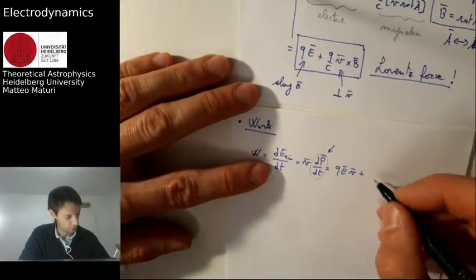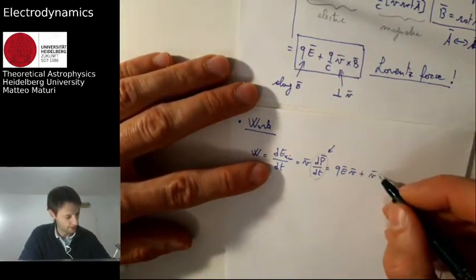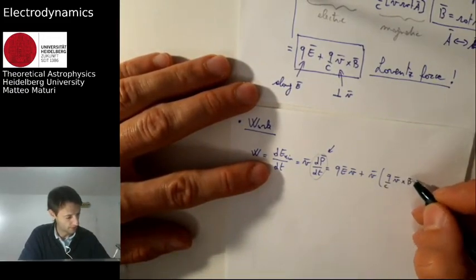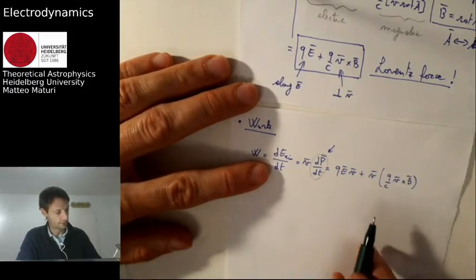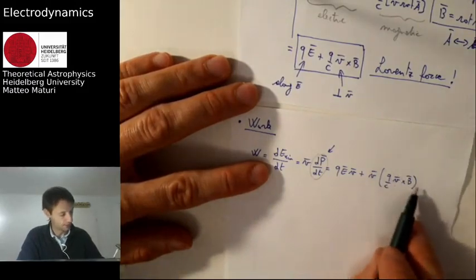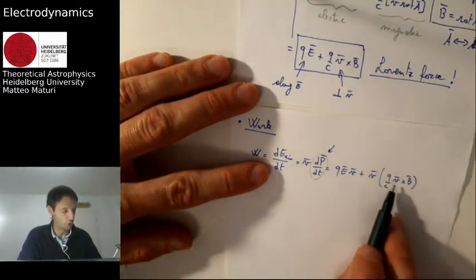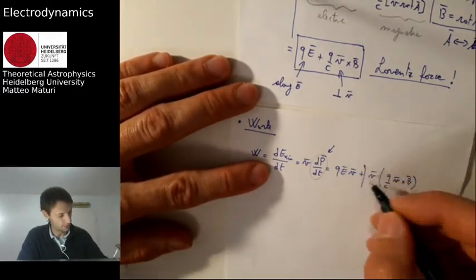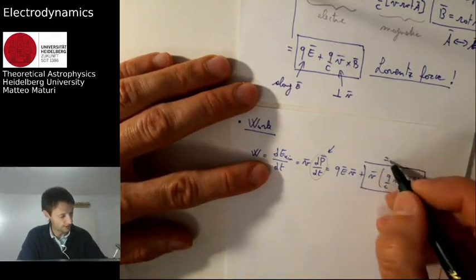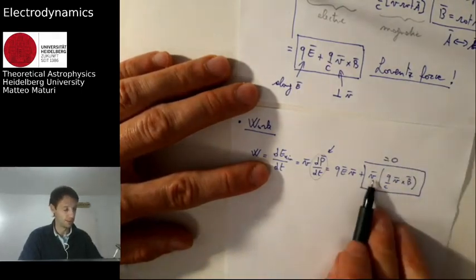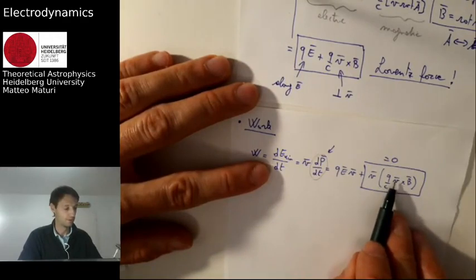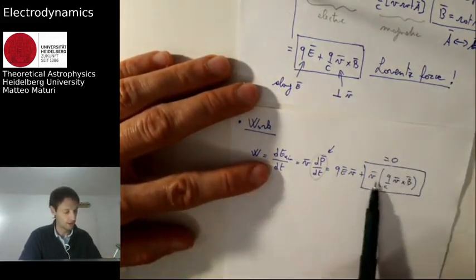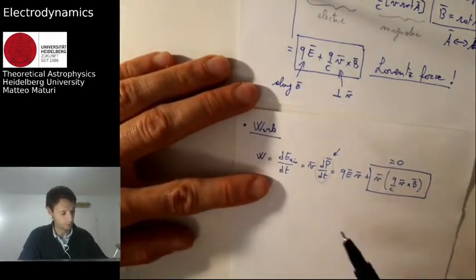But then if we also multiply v by q over c, v cross B, we basically have the vector v cross B, which is orthogonal to v. Therefore, this guy here is identically 0, because v is orthogonal to v cross B.